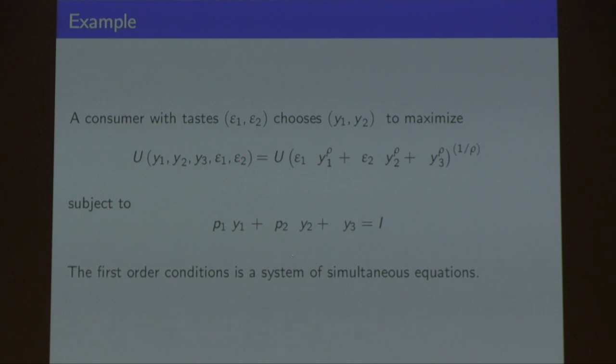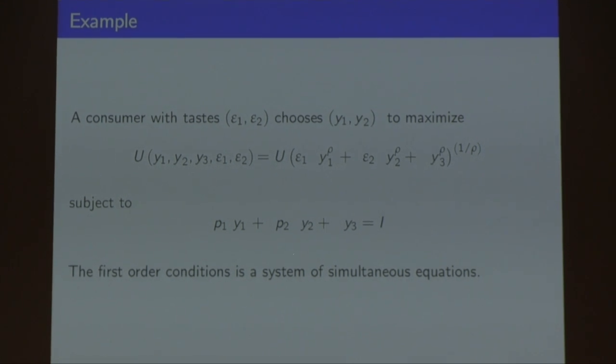Standard microeconomic theory 101 tells you the consumer maximizes utility, this function U, subject to the budget constraint. If we solve the system, Y3 is basically determined by the budget, and we get the first order conditions that Y1 and Y2 have to satisfy in order to be the optimizers of this problem, as a system of simultaneous equations.